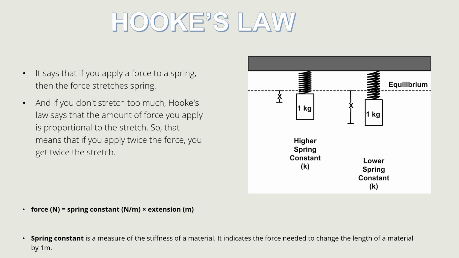So we will need to convert these centimeters into meters, and we will be able to calculate the spring constant. How can you get the spring constant if you know the force? Our force was 0.5 newtons, extension was 10 centimeters, which means 0.1 meter.